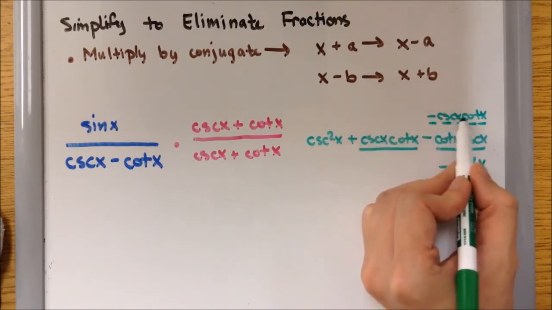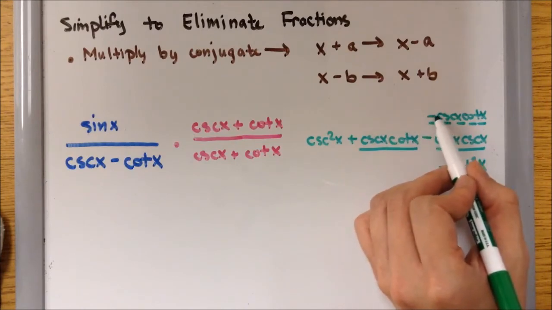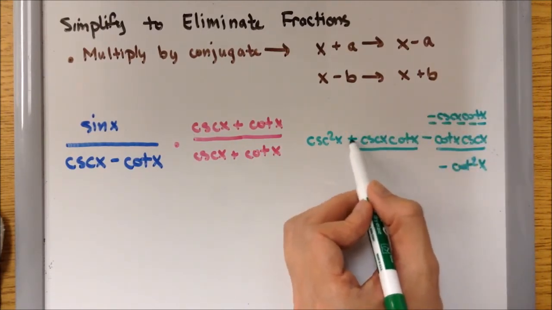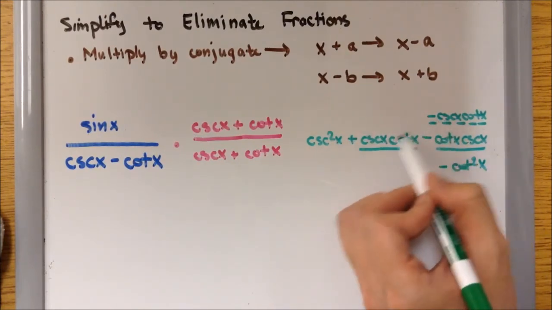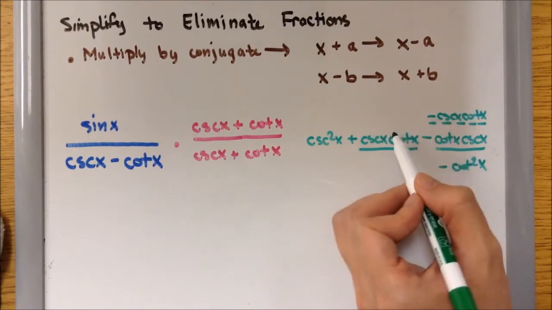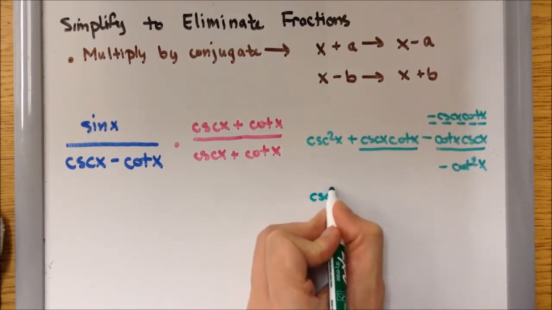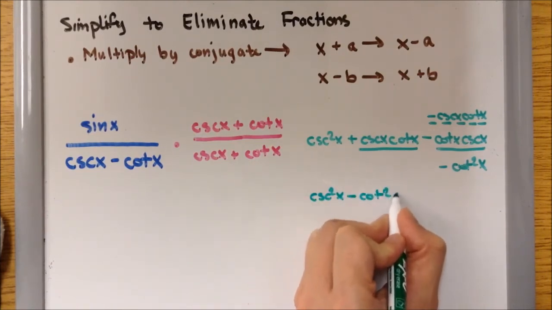You see how this is the same order as the first one. Now if you take a closer look, this is a minus, so this is a negative. The first one was a positive because it had that plus. If I combine these, the two would cancel out, and the only thing I have left is cosecant squared x minus cotangent squared x.